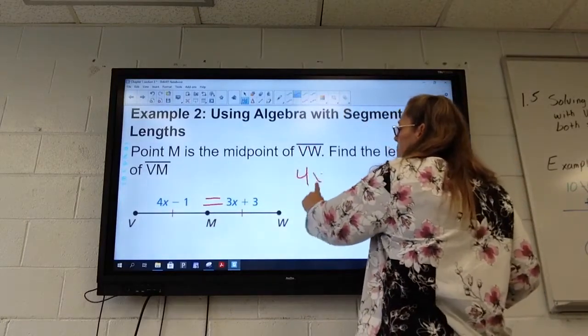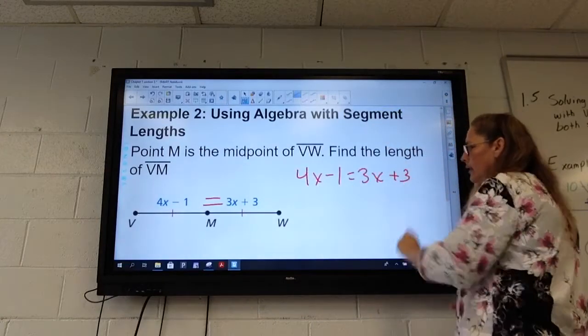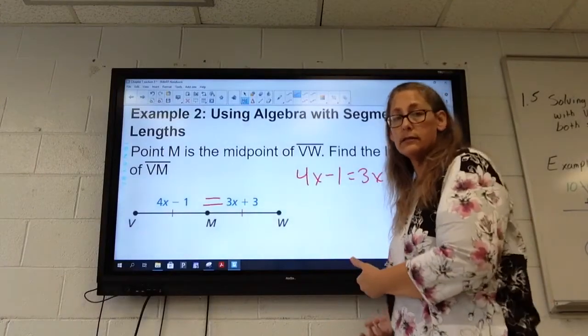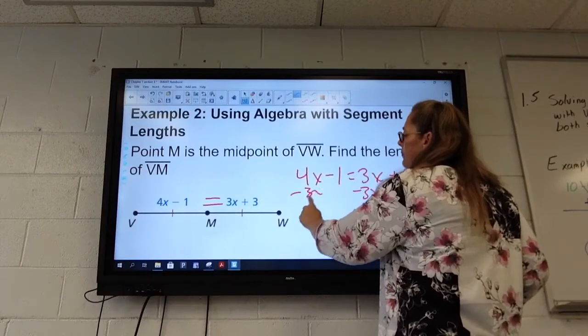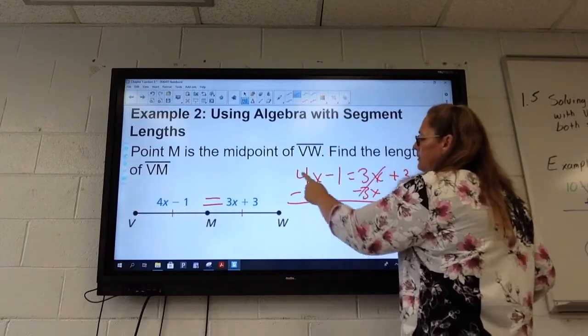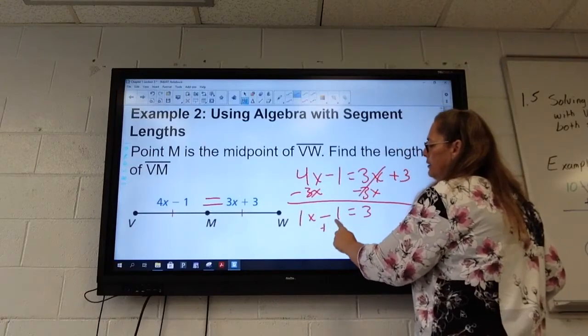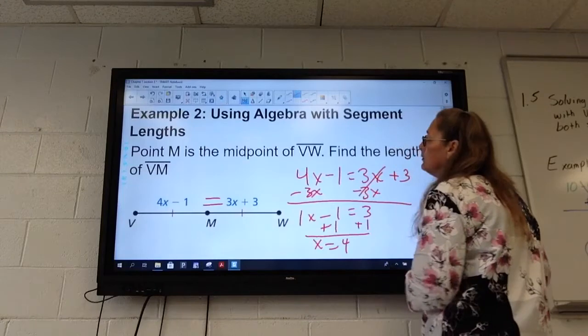So your 4x minus 1 is equal to 3x plus 3. Get your variables on one side, get your constants to the other side, subtract your 3x. That cancels, that leaves you 1x minus 1 equals 3. Add your 1. So x is equal to 4.